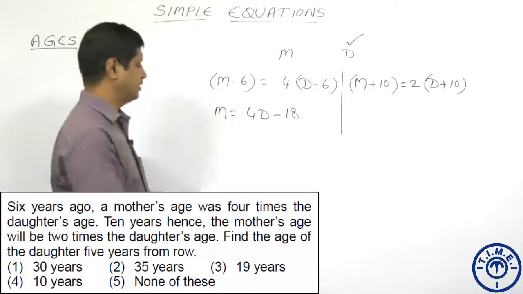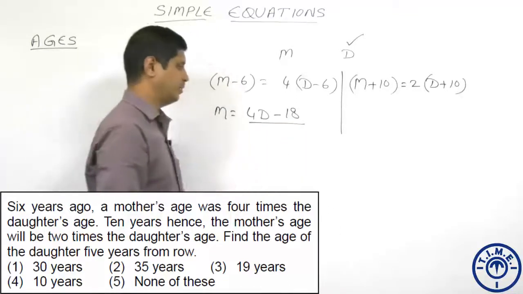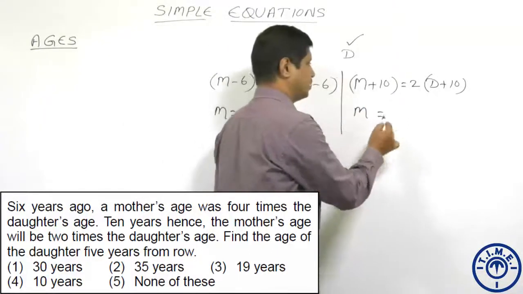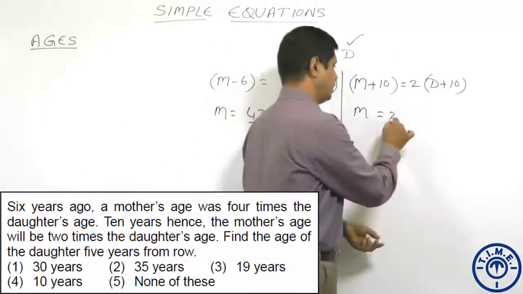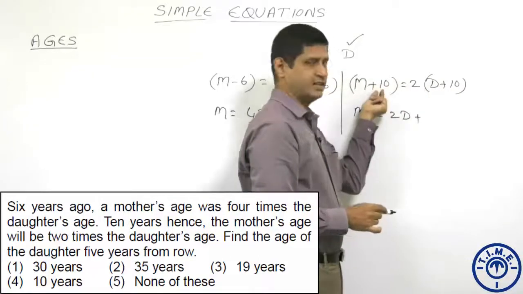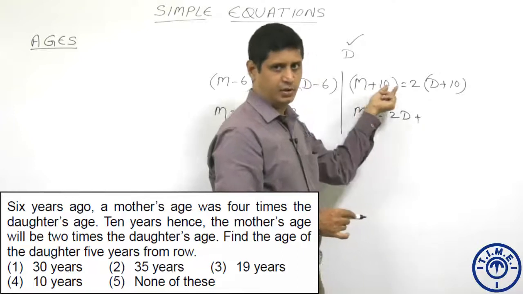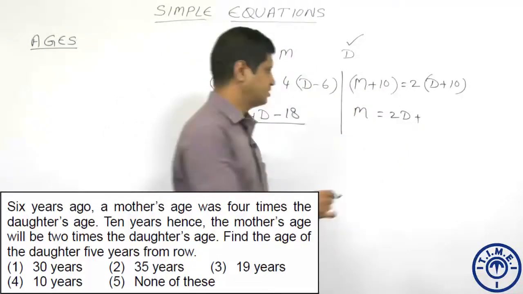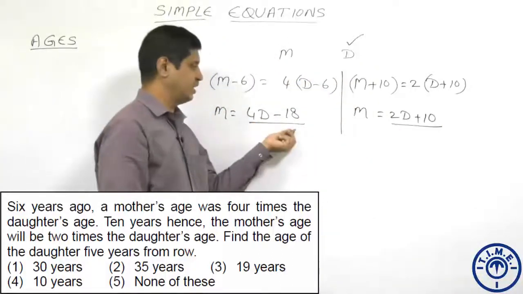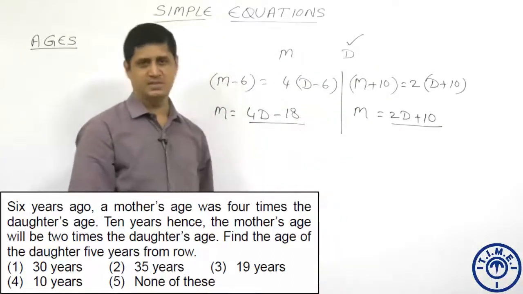The value of M is given as 4D minus 18. Similarly here we get M equal to 2D plus 20, and this value becomes minus 10. 20 minus 10 is 10. The value of M is given as 4D minus 18 and 2D plus 10.